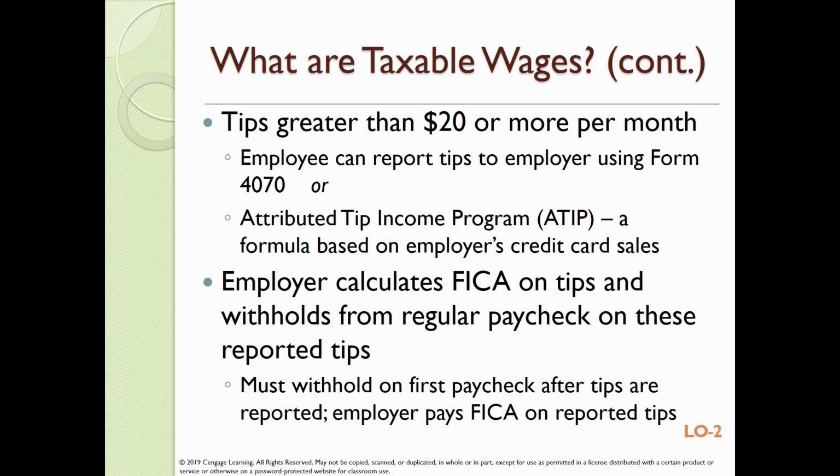Okay, so if I made minimum tipped wage for 40 hours and I reported tips of $600, I've got to pay FICA on the whole kit and caboodle. So that's $685.20 times 7.65%, $52.42. The next question is, what do you take that out of? So your paycheck's only going to be, my paycheck now looks like $85.20 minus $52.42, minus federal, minus state.